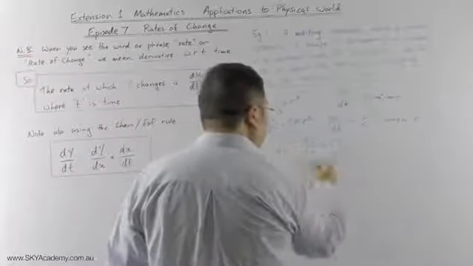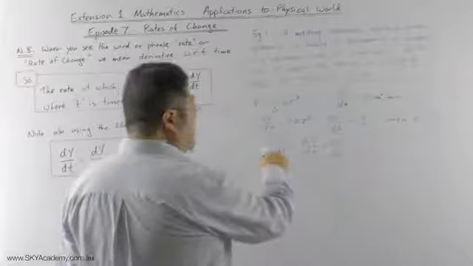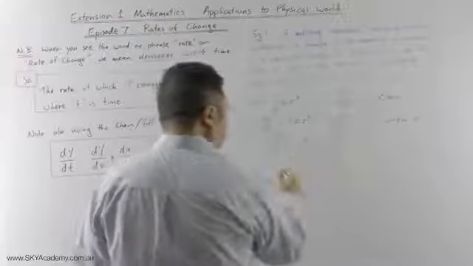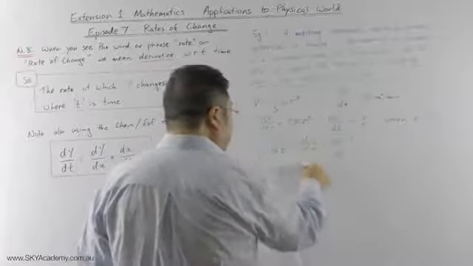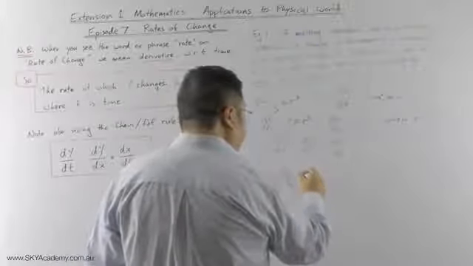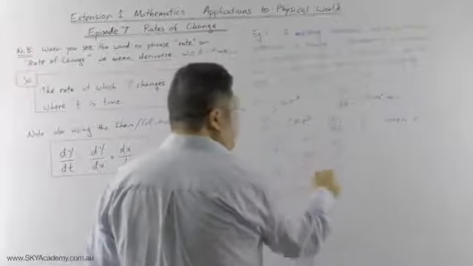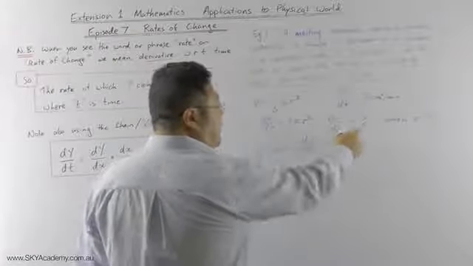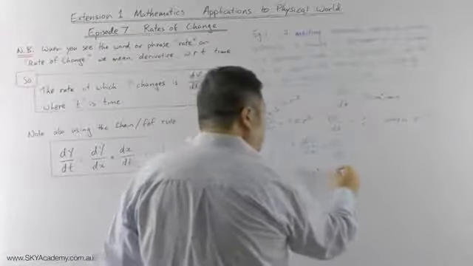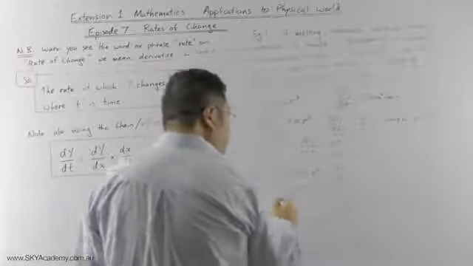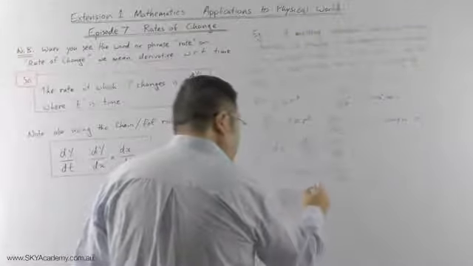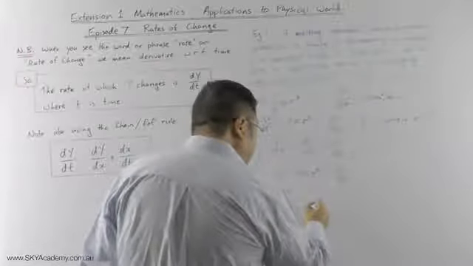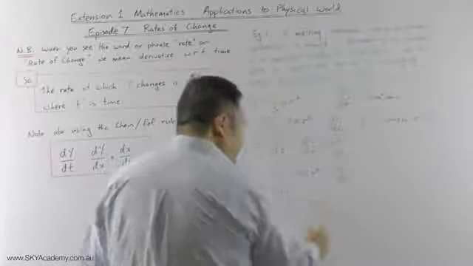So that's our key. dV/dt is going to be equal to 8. And dV/dr is 4 pi r squared, times dr/dt, which is what we've got to find. So dr/dt is actually going to be equal to 8 over 4 pi r squared.